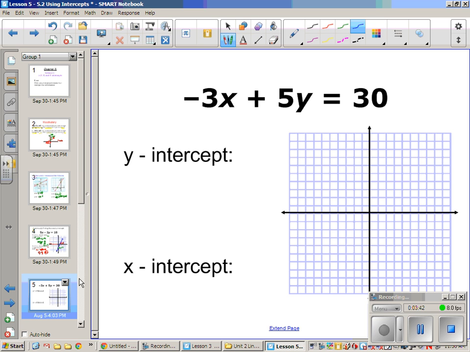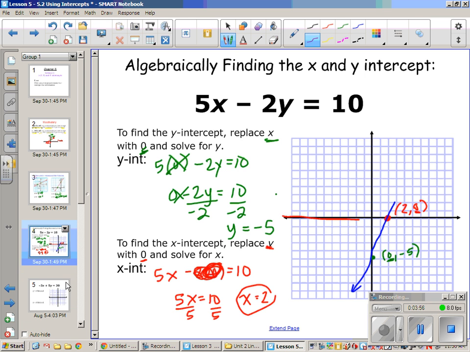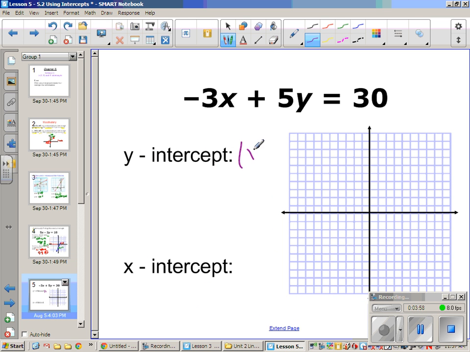So in the next one, I want you to pause the video and find the y and x intercept. Right? So I'm going to find the y first, which means I replace x with 0. I go -3 times 0, and anytime you multiply by 0, that term is gone.